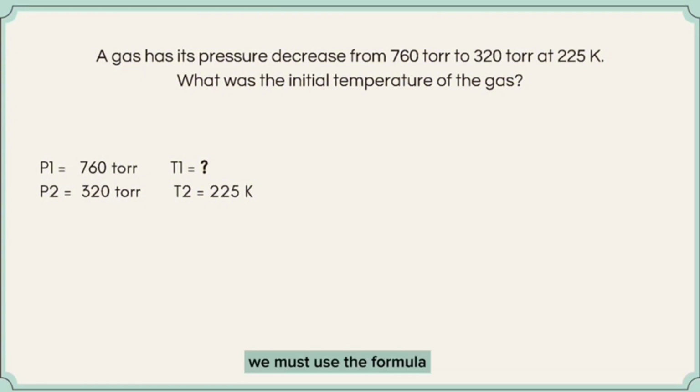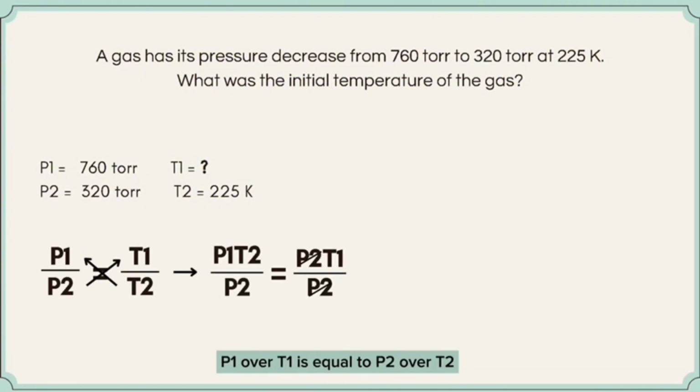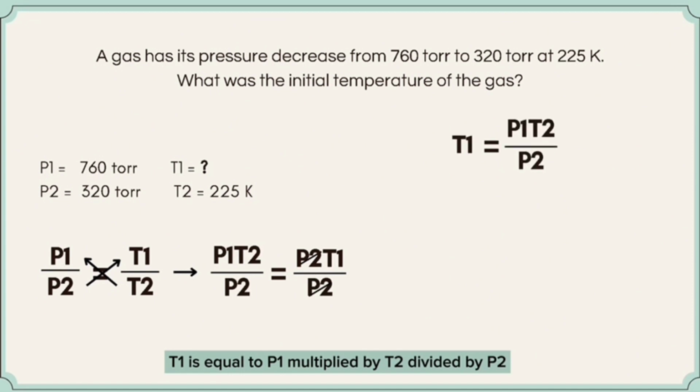We must use the formula P1 over T1 is equal to P2 over T2. Cross multiply and divide both by P2 so we can cancel the P2 on the other side and T1 will remain. T1 is equal to P1 multiplied by T2 divided by P2.